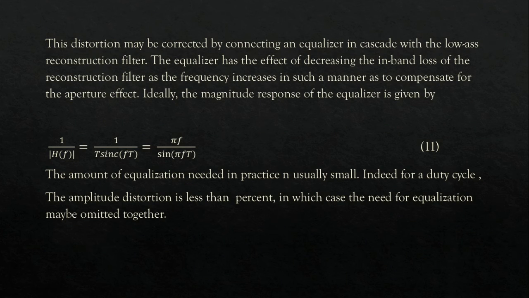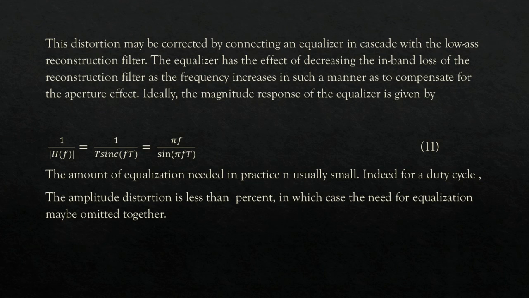This distortion may be corrected by connecting an equalizer in cascade with a low-pass reconstruction filter. The equalizer has the effect of decreasing the in-band loss of the reconstruction filter as the frequency increases, in such a manner as to compensate for the aperture effect.